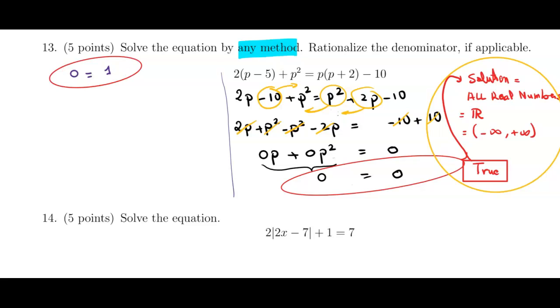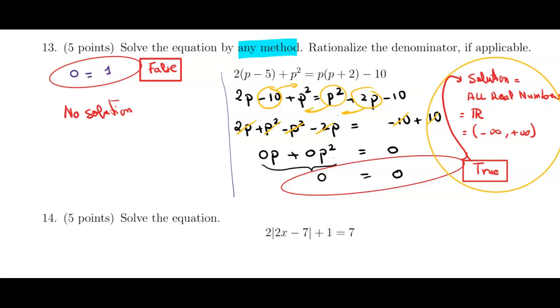So this will be a false statement. So what is the meaning of a false statement? All right, so that's the other side of these outcomes, right? The meaning of a false statement is that there is no solution. All right, and this would be the other possibility, right?